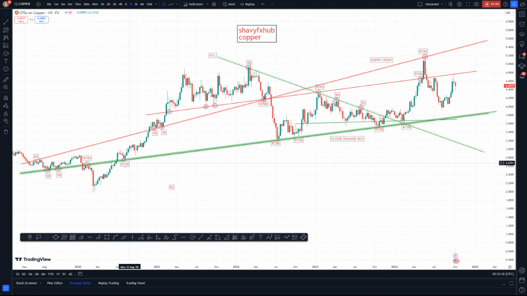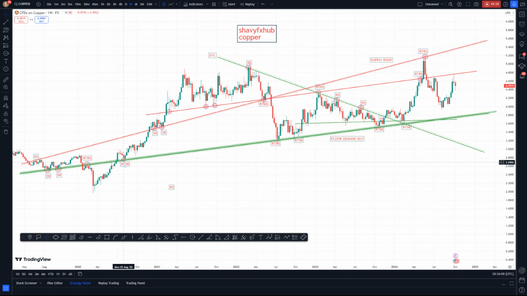We have an ascending trend line, interchanging responsibility from playing as a support structure. A break of a support structure became a resistance structure, and a break of a resistance structure here becomes a support structure. Price from 2020, right?